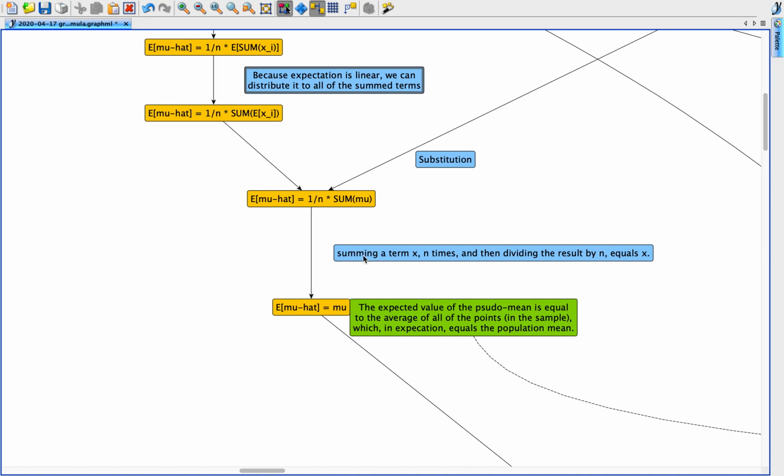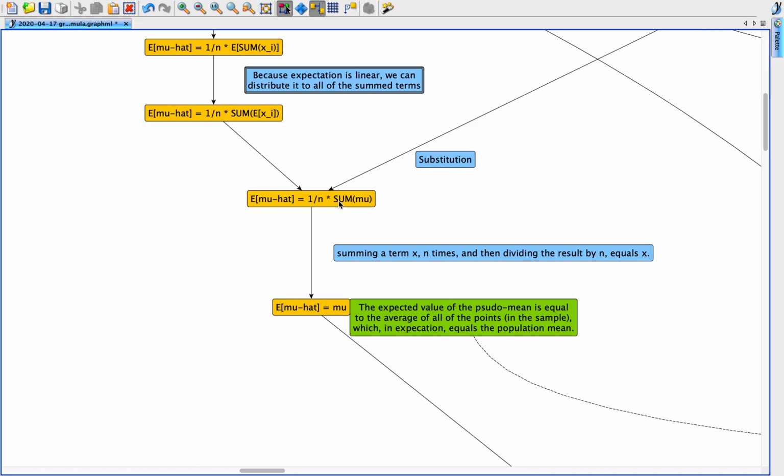Okay, so summing a term x n times, then dividing the result by n equals x. So we have this averaging, basically, 1 over n. Here, because mu is a constant, summing from 1 to n is just adding mu to itself n times: mu plus mu plus mu all the way to n terms.